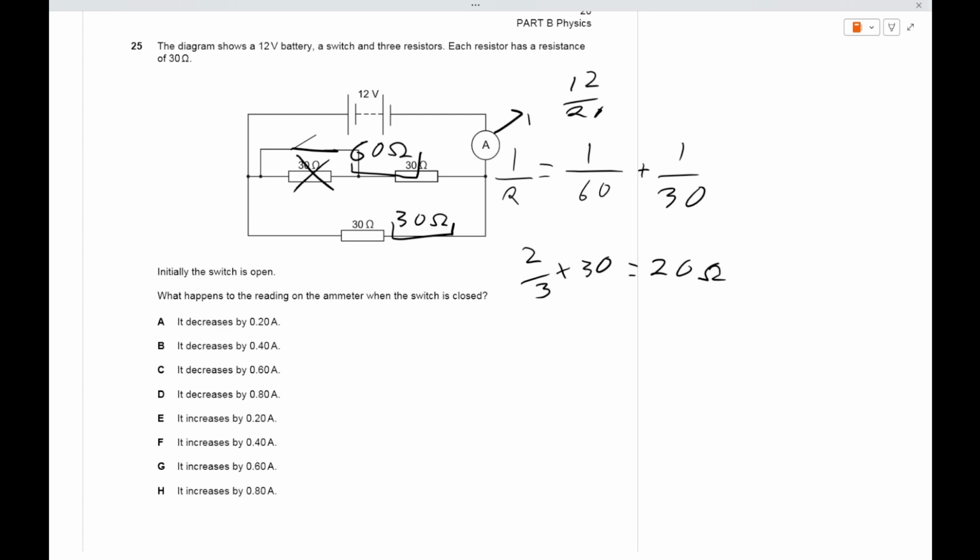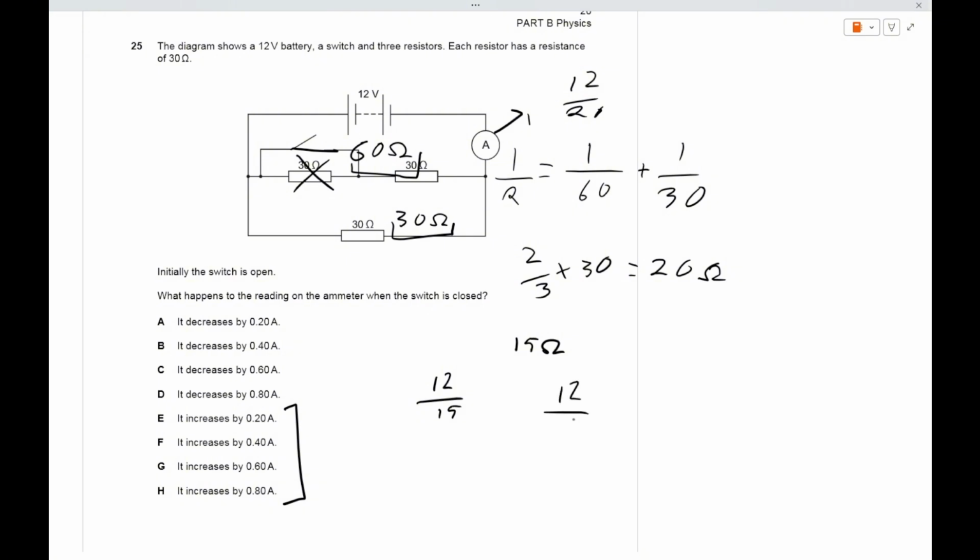In that case, it's going to be 15 ohms. So that means that the ammeter reading is going to be 12 over 15. So in this case, to find the difference, you know, first of all, that the ammeter reading is going to be higher. So it's one of these. You know that. Now you have to find out the difference.